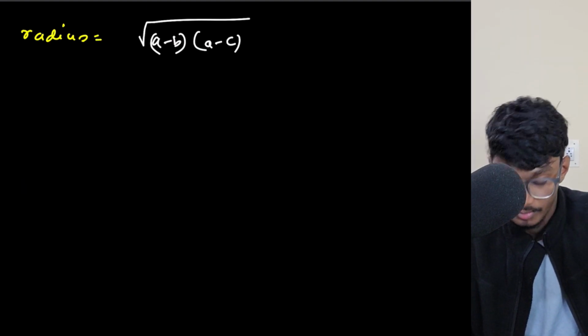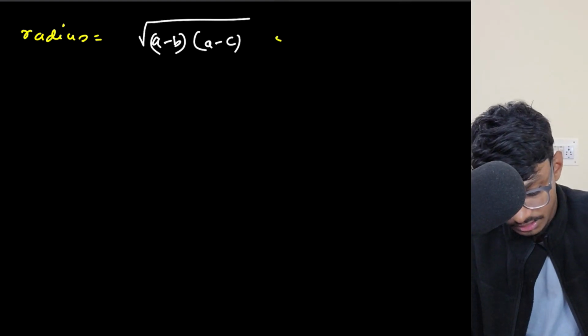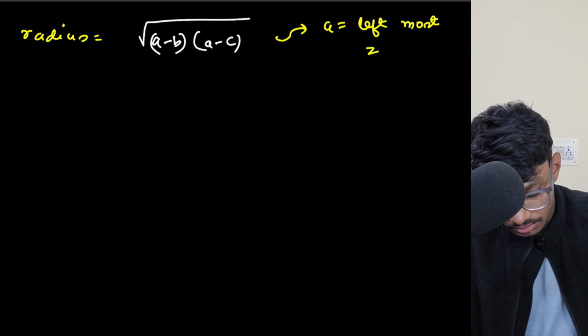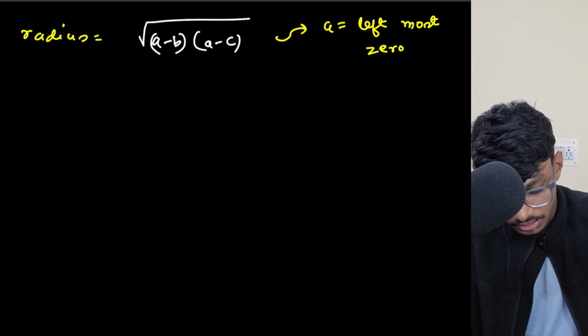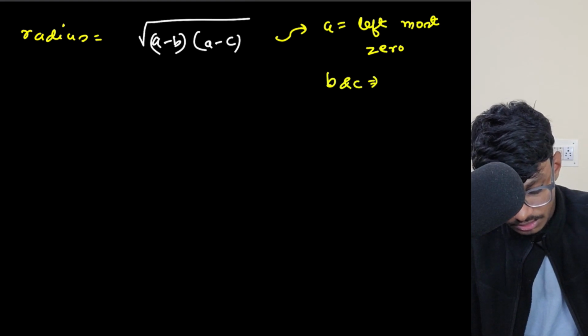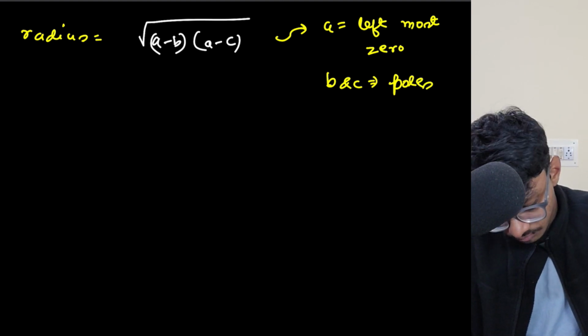And also do remember what is my zero, what is my poles. Here you have to understand that a is my leftmost zero, and b and c are my poles.